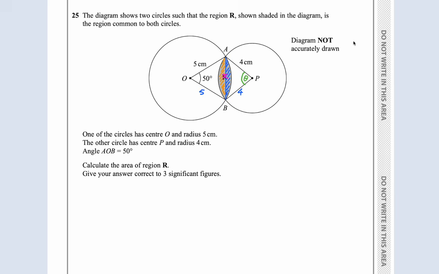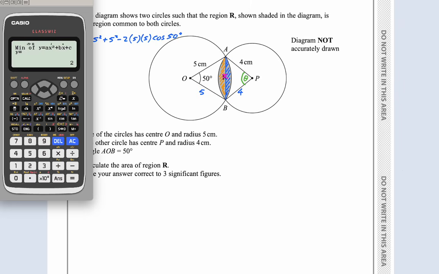Okay, so let's call this thing x. That length there is x. So x squared is equal to, cosine rule, 5 squared plus 5 squared minus 2 times 5 times 5 times cos 50. Okay, x is then equal to the square root of that.